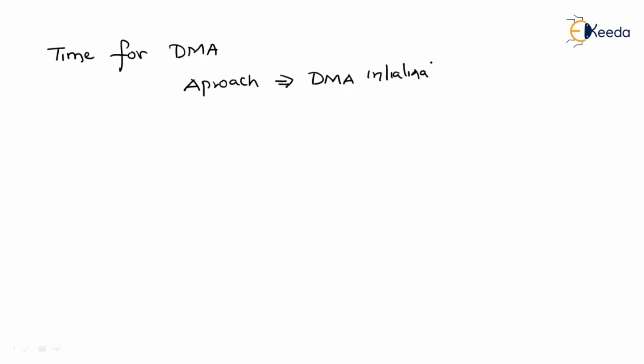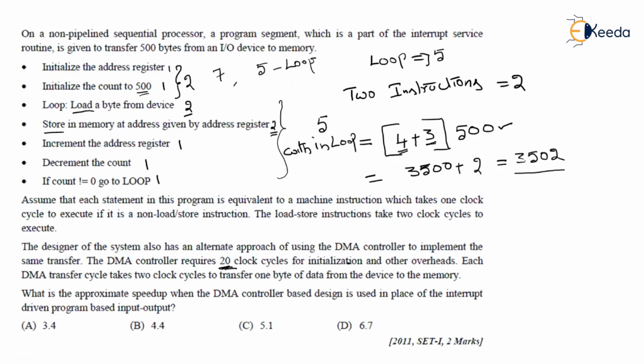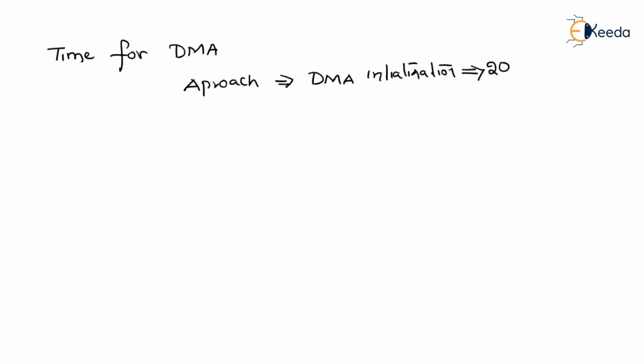Time for DMA approach. DMA initialization will take 20 clock cycles.